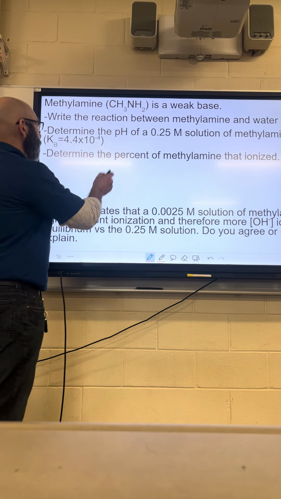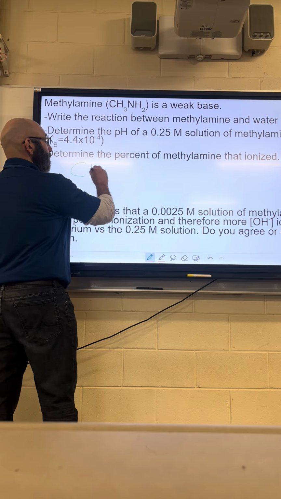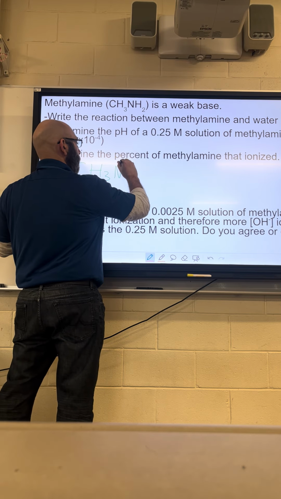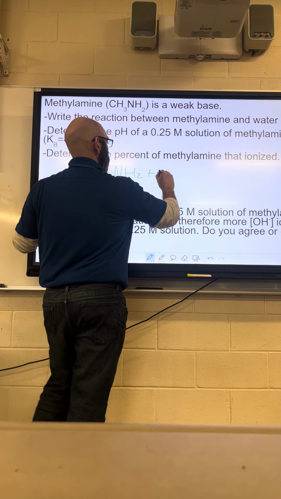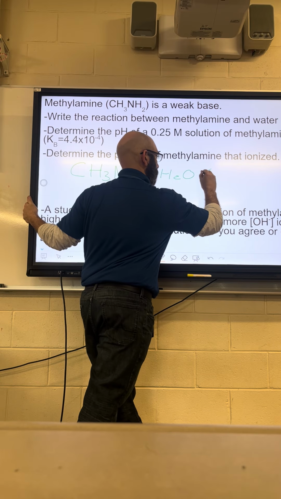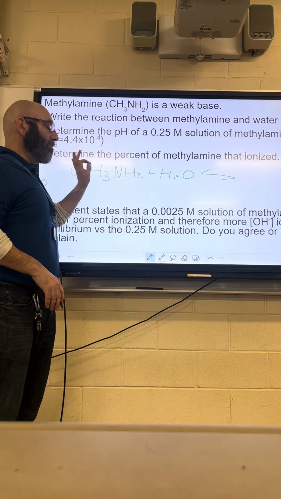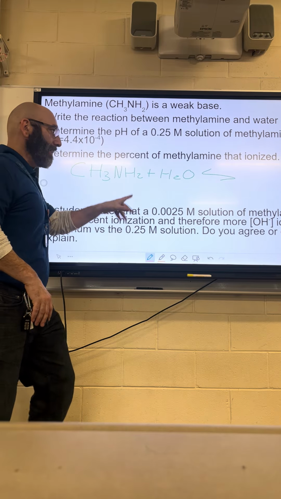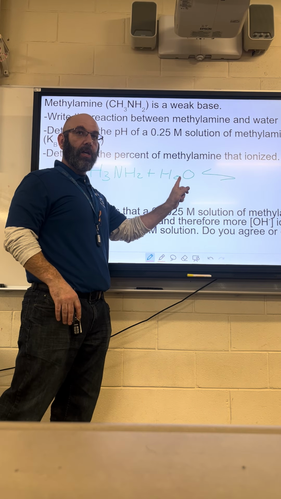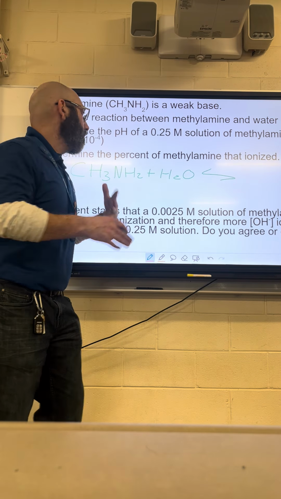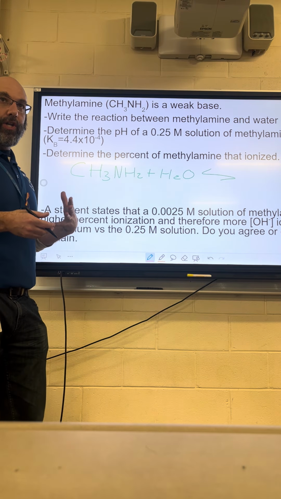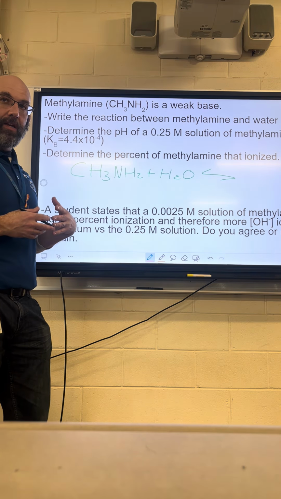So let's see if we can, I'll start you guys off. Let's see if you can write down the products on your own. If methylamine is the base, that means water is the acid. What does the acid want to do? It wants to donate a proton.